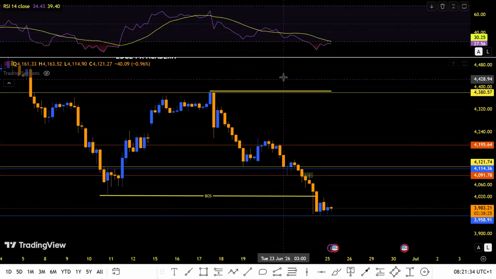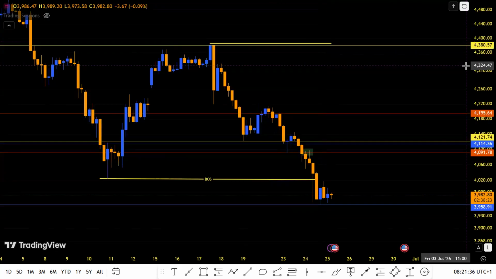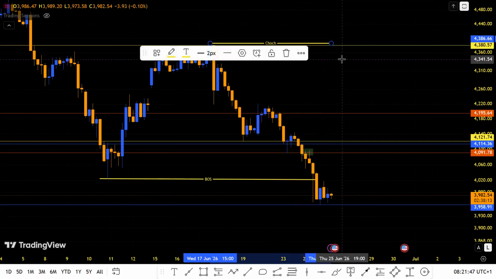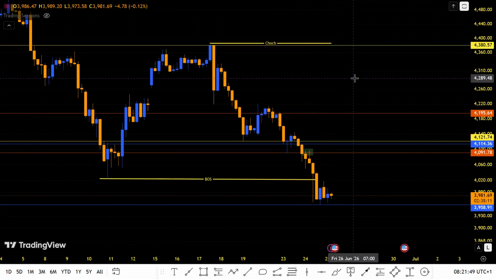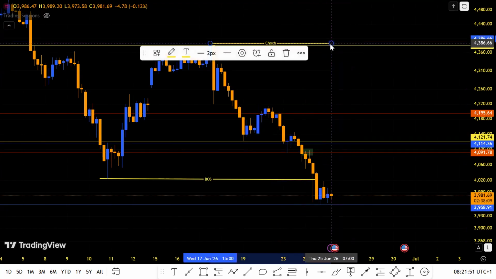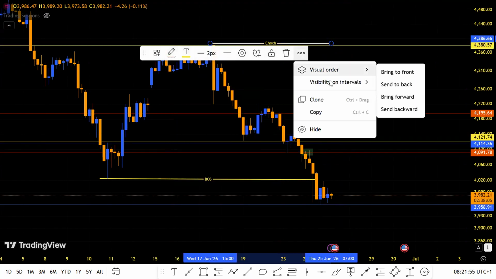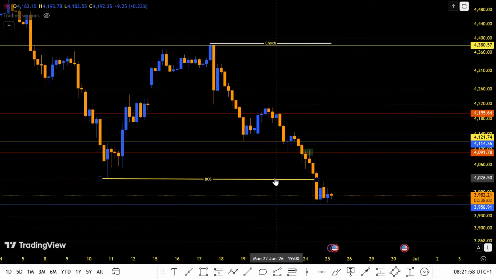The reason is that I want to map out my change of character. I want to know when the character changes. This is my change of character. Normally, this is not the color I use for this, so let me give it the right color that I use.